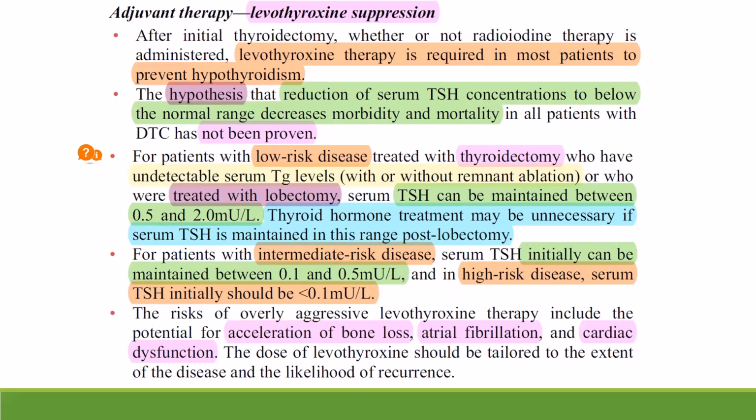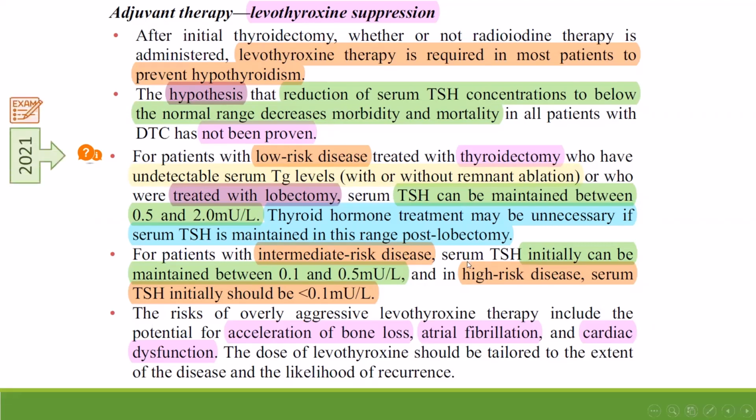But don't forget that we should assess overly aggressive levothyroxine therapy, because overdosage of levothyroxine for a long duration can accelerate bone loss, atrial fibrillation, and cardiac dysfunction. So we should maintain TSH at this target as much as possible.